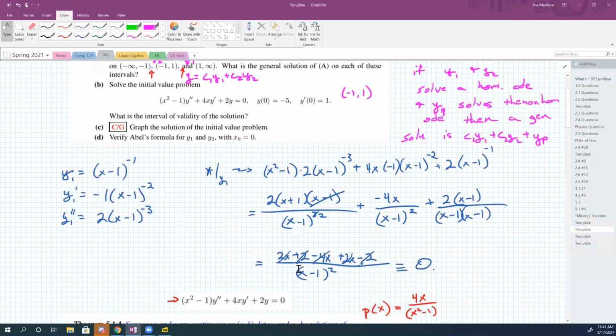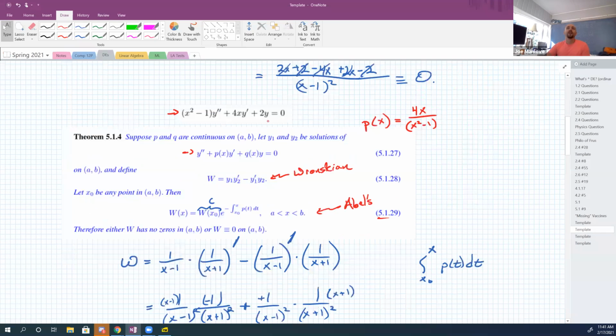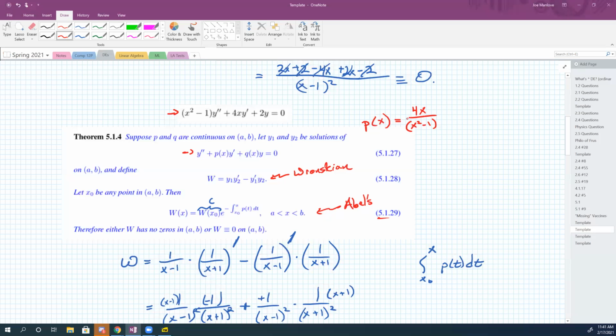So in this case, we could take a, b to be minus 1 and 1. We could take a, b to be 1 and infinity. We could take a, b to be minus infinity and minus 1. Any of the three intervals would be fine.